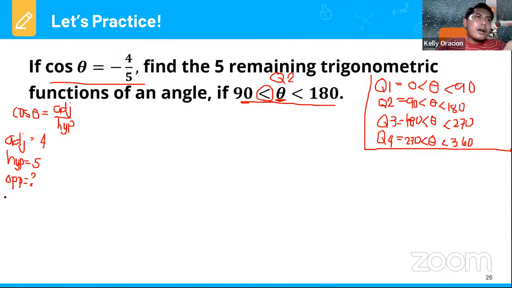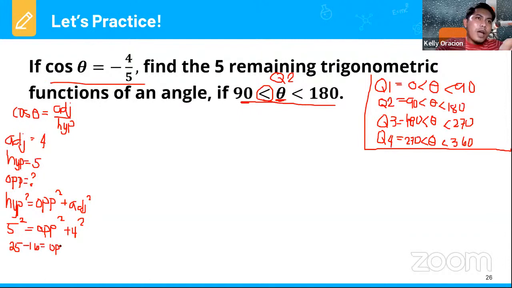So you have hypotenuse squared is equal to opposite squared plus adjacent squared. This is the formula of the Pythagorean theorem. The hypotenuse is 5 squared, opposite is missing, then the adjacent is 4 squared. So you have 25 minus 16 is equal to opposite squared.